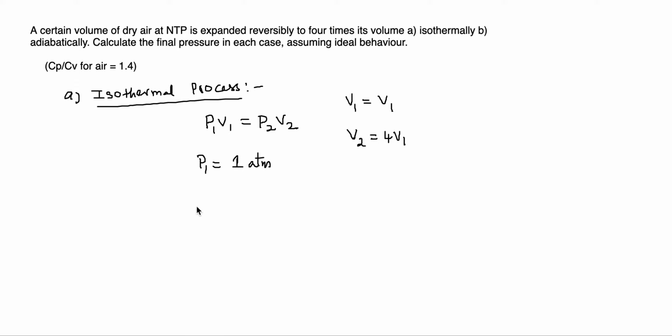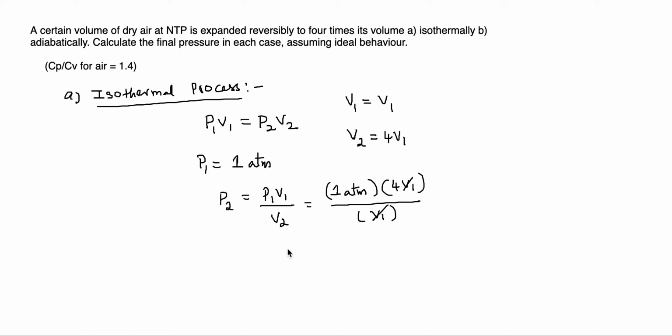Okay, now if we substitute here, what we require is P2. Therefore, P2 equal to P1 times V1 divided by V2. So that's going to be 1 atmosphere times V1 divided by V2.